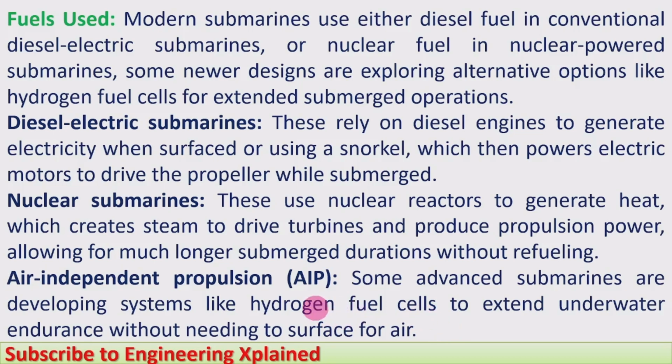The hydrogen is used as a fuel for combustion, and oxygen is used for the running of the engine of hydrogen fueled engines for propulsion and the generation of electricity, and that same oxygen is used for supplying to the crew. That is the air independent propulsion, AIP systems. Such systems are also used, and without the requirement of air it can be run under the water for a longer period.